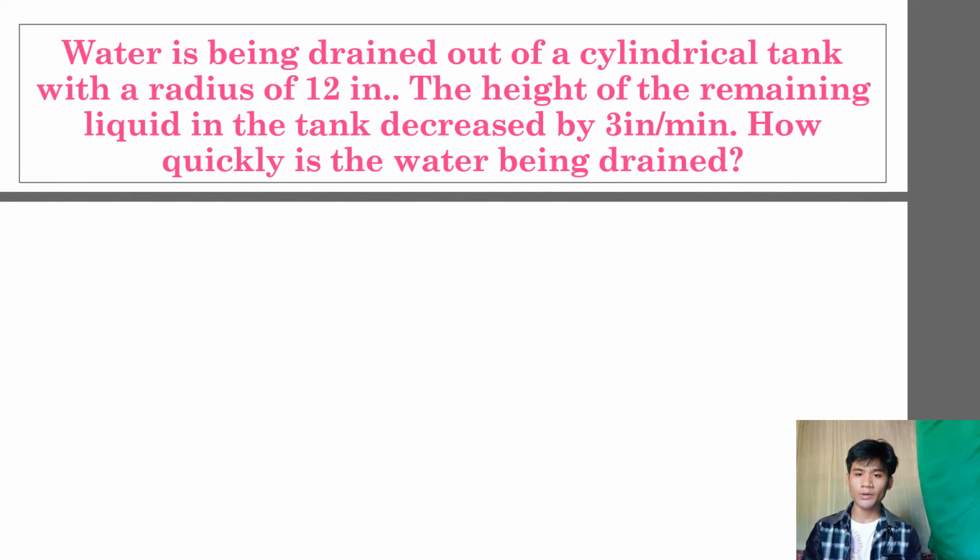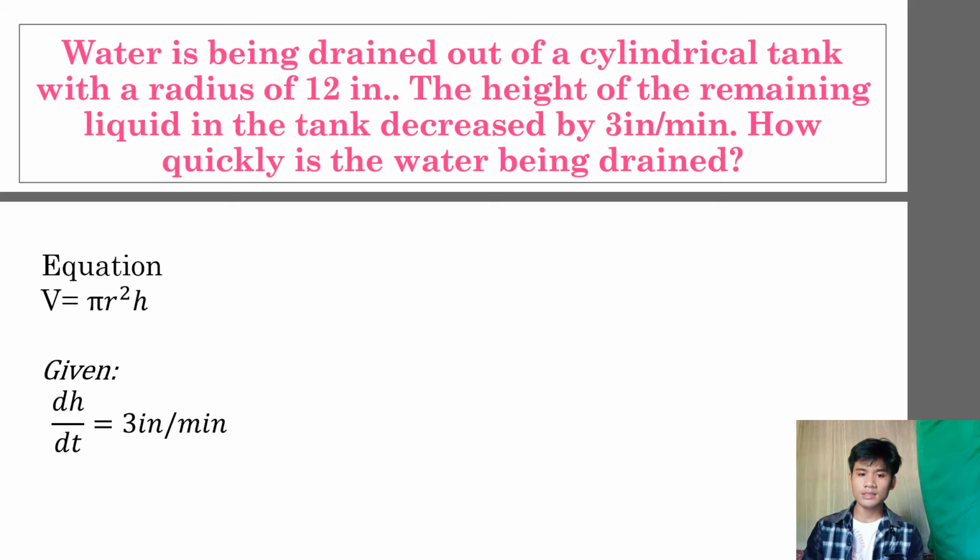So this is our given, and the equation we could relate is the same. We have the volume, which is equal to pi r squared h. The given is the rate of change of height with respect to time, 3 inches per minute, since we are draining the water from a cylindrical tank. And the radius of that cylindrical tank is 12 inches.